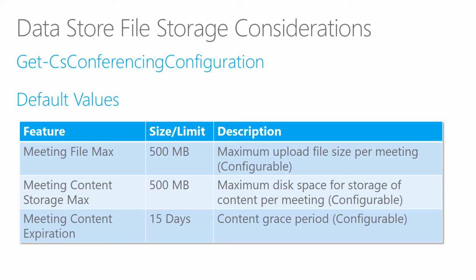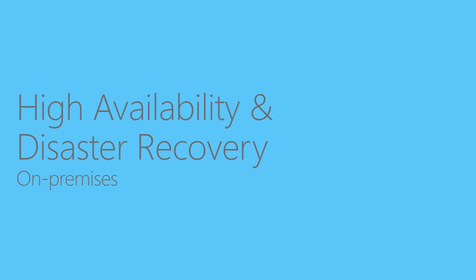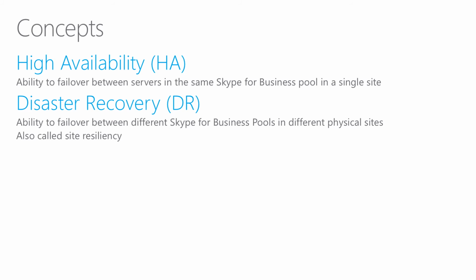The meeting content storage maximum is also 500 megabytes, and the meeting content expiration is 15 days. Now, as you can see, each of those limits would potentially have an impact on your conferencing environment. So it's important to understand what the defaults are and that they can be changed using the Set-CsConferencingConfiguration cmdlet.